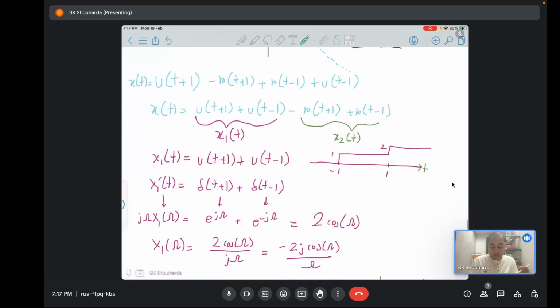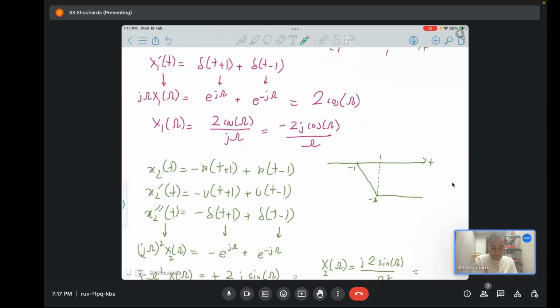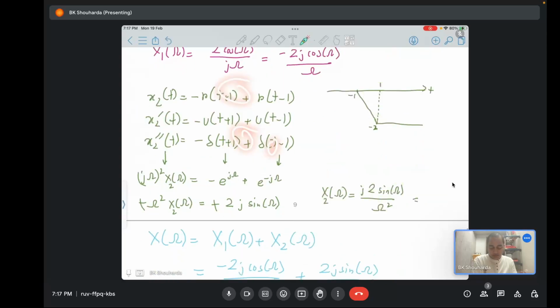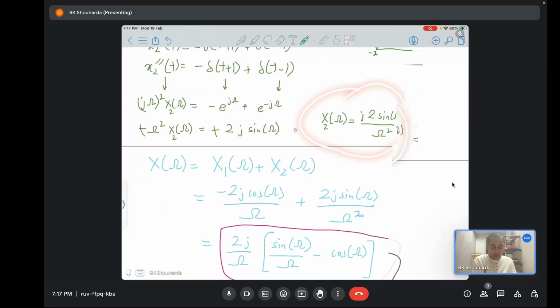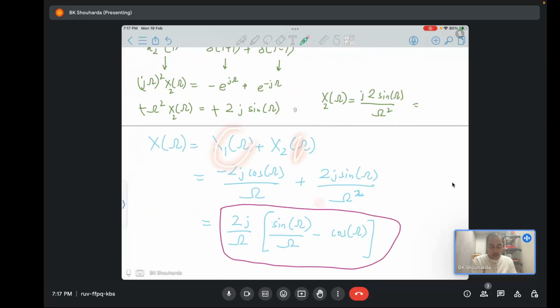Take the unit step signals, take their first derivative and apply the differentiation property of the Fourier transform. Similarly, x2(t) is in terms of ramp signals, so you differentiate them twice. (jω) squared is something you need to take into account, and you get X2(ω). Finally you add the two and you get the correct answer over here.